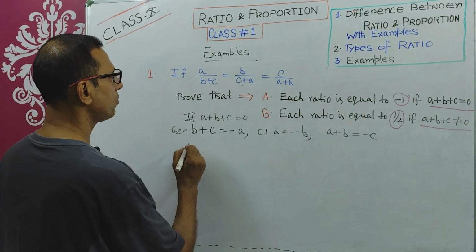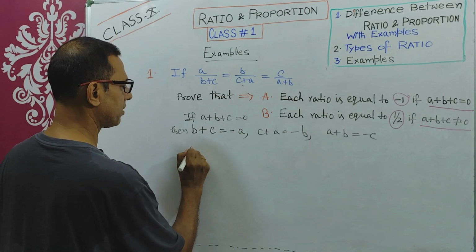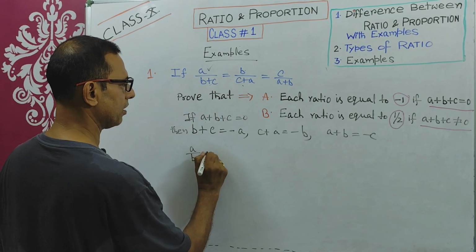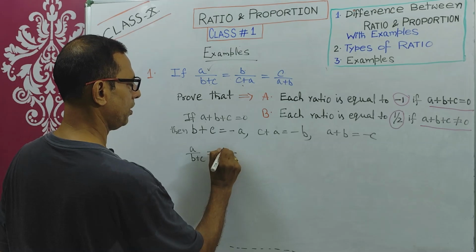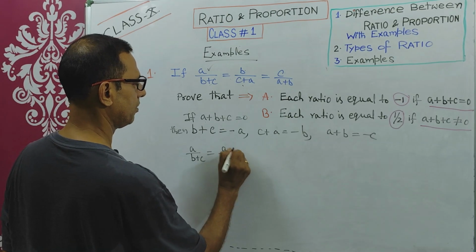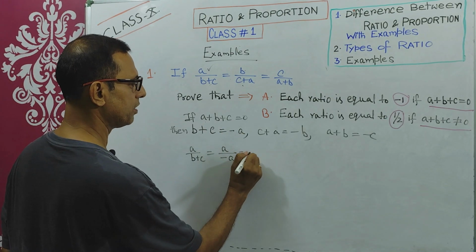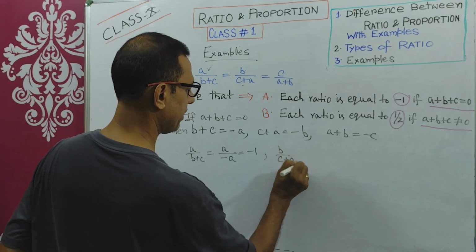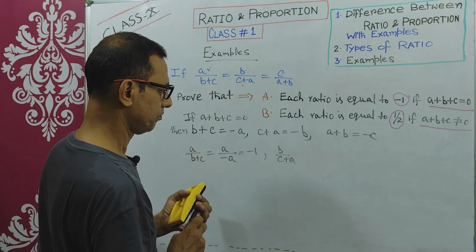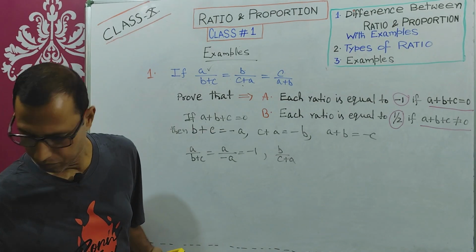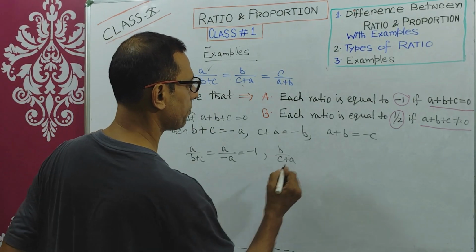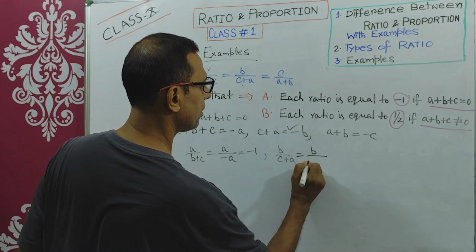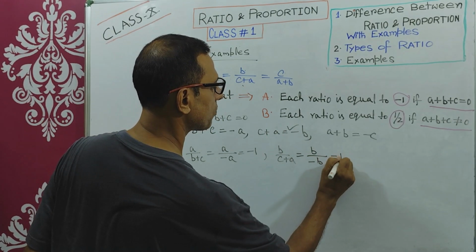Okay. Now you just replace those values. That means a by b plus c, this one I am taking. a by b plus c equals a by minus a. b plus c equals minus a, that means minus 1. Similarly, b by c plus a equals b by minus b, that means minus 1.